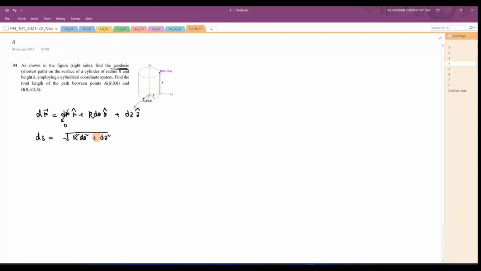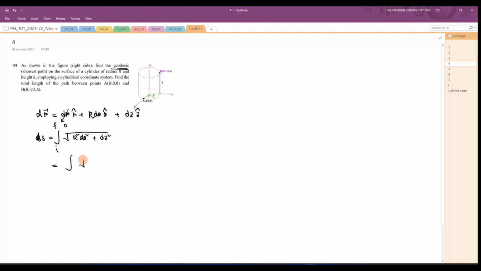This will be your path length, and finally the total path s will be the integral from your initial position to your final position. Now again you can write your integration. I will not solve this integration.